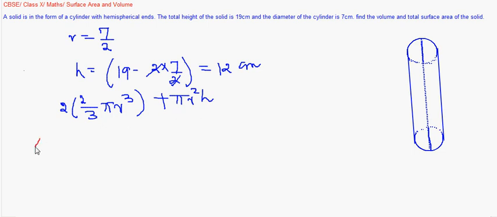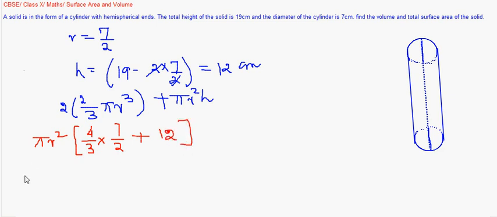So I take pi r square common. That will leave 4/3 r, r is 7/2, plus only h. h is here 12, we have calculated.